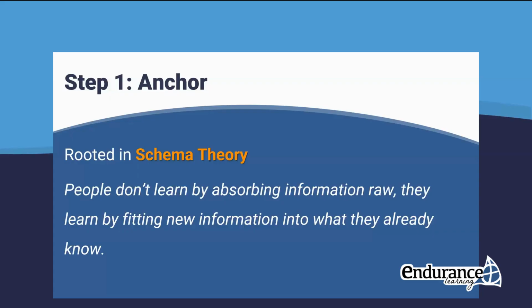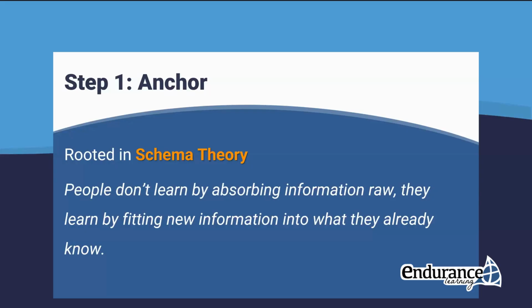That's a problem for several reasons, and it's not just me saying this. It is years and years, decades and decades of learning science and learning models. Schema theory is a concept that's been around for a long, long time. Basically, it says that people don't learn by absorbing information raw. That means you can't just start talking about a new topic that people are unfamiliar with.